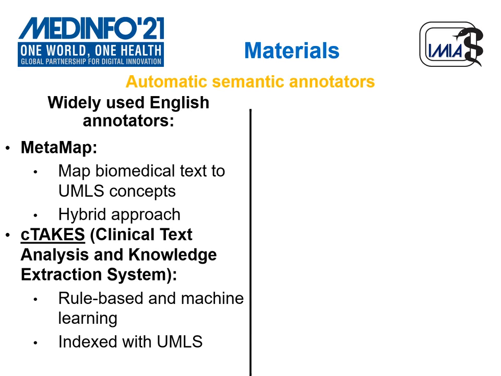The second system is cTAKES, which stands for clinical Text Analysis and Knowledge Extraction System. It's a system that uses rule-based and machine learning techniques to extract information from clinical text, and it's also indexed with the UMLS, so it extracts the clinical concepts according to the UMLS concept unique identifier.